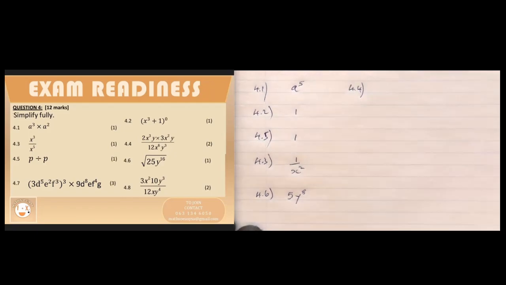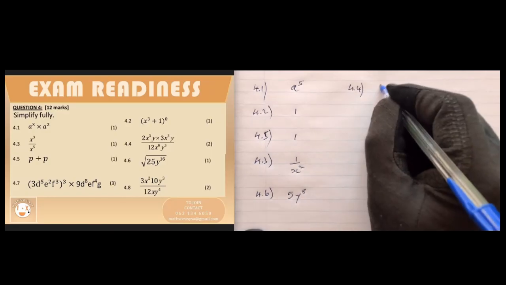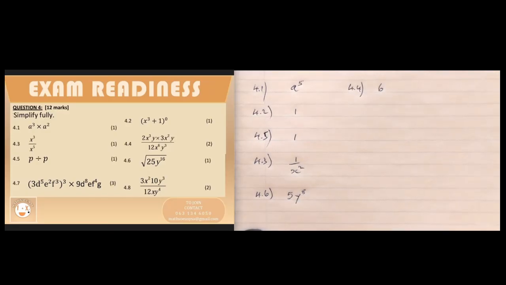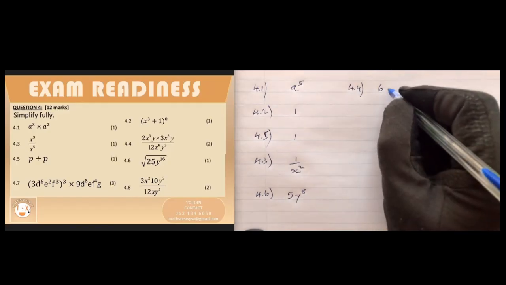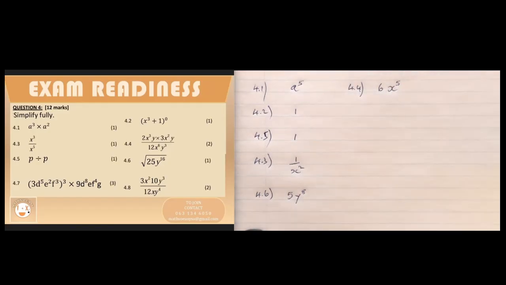You go to 4.4 and you say, maybe the examiner just wants to see how I handle the top. At the top, we have a 2 that is multiplying a 3, isn't it? So you have a 6 there. Then you know that the x's will give me an x to the 5.